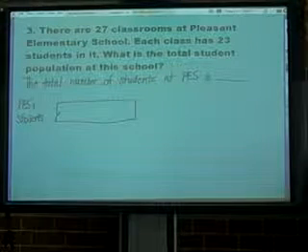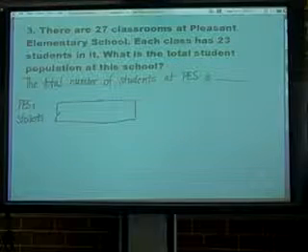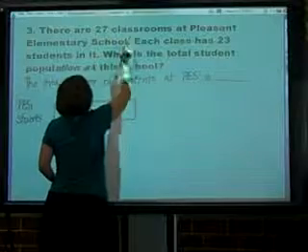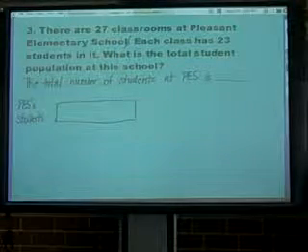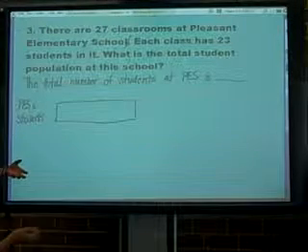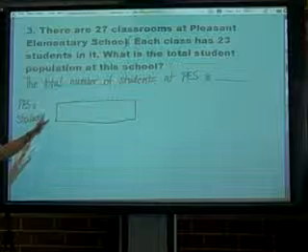Okay, so now we're ready to chunk. It says there are 27 classrooms at Pleasant Elementary School. Stop. We have 27 classrooms. Is that all of the students or some of the students?